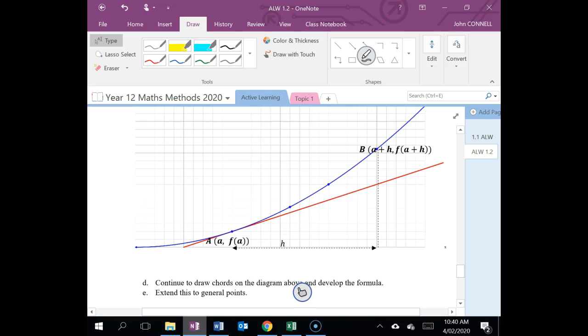So this is what I was talking about before. This point here has an x-coordinate of a. We go h units on, and this point has an x-coordinate of a plus h. And so I can draw the average rate of change, the straight line. It's a little wonky, but it'll do.